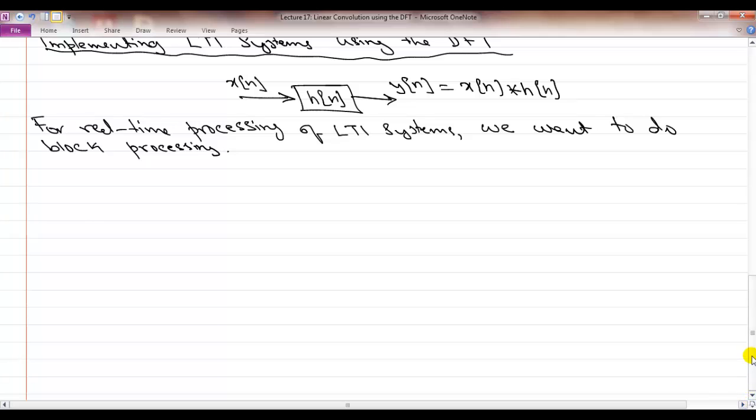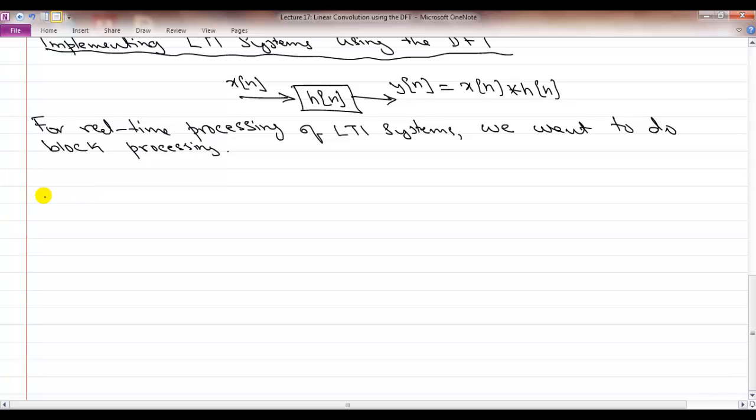The general principle is that we effectively divide our signal, which could be of infinite length, into small blocks. Then we process each block separately. But that is not enough. We really have to stitch together the processed blocks in the right way. Otherwise, your output won't be the right output.